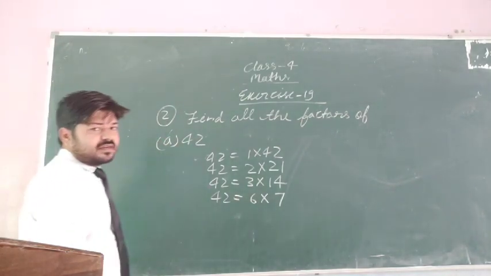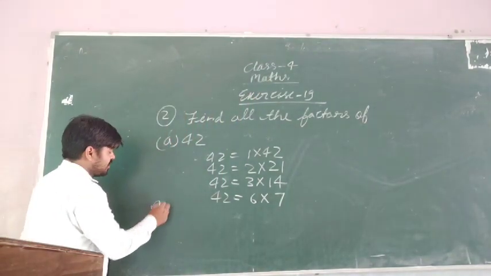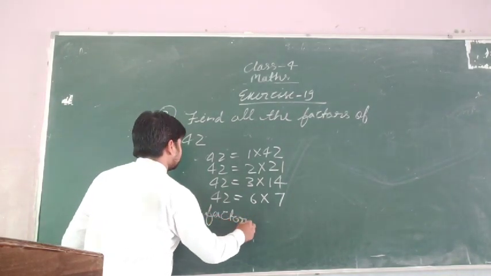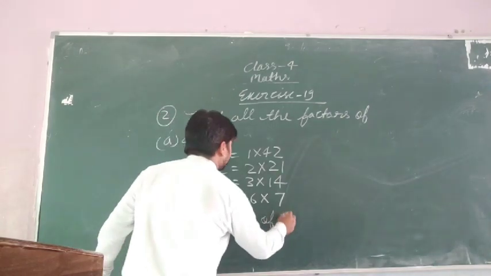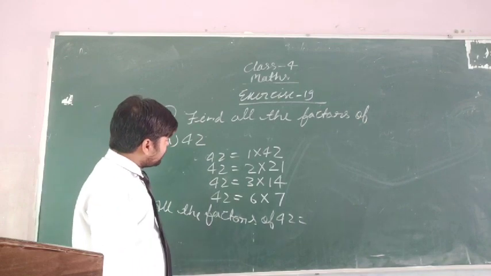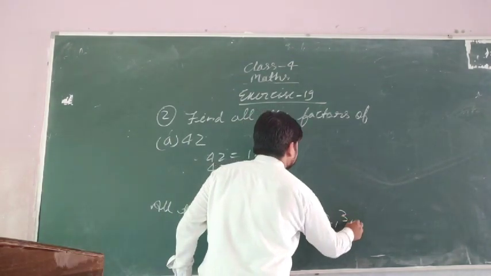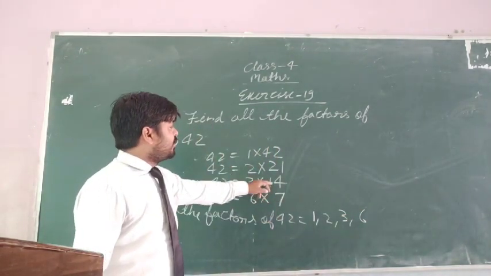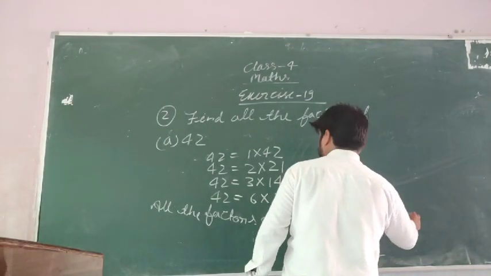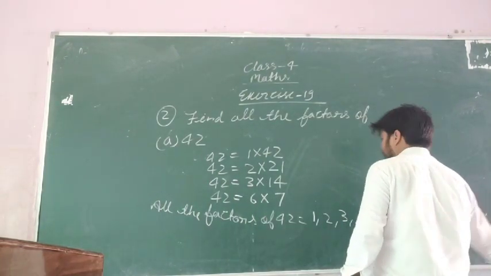So you can write here all the factors of 42 equal to 1, 2, 3, 6, 7, 14, 21 and 42.